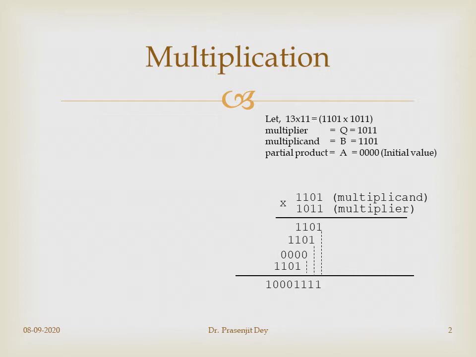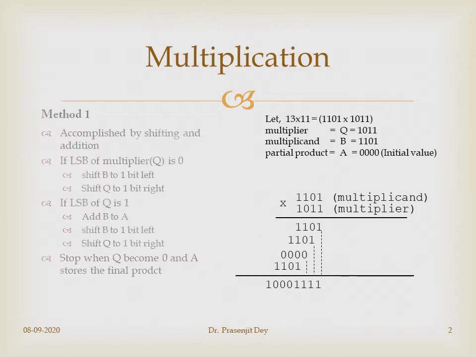Now if we want to do the same thing in a computer, we can accomplish this by shifting and addition. We consider the last bit of the multiplier, and if it is 0, we shift the multiplicand one bit left and shift the multiplier Q one bit right.